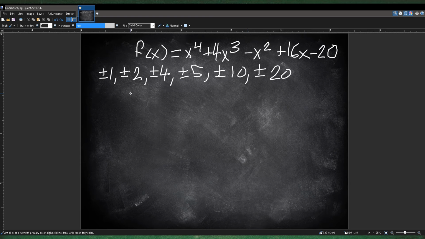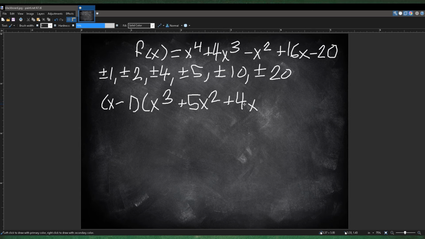So let's factor x minus 1 out of the equation. So x minus 1 goes into x to the 4 as x cubed, so that's minus x cubed. So you have to add a 5 x cubed, and that's minus x cubed, so that's 4x cubed. That's minus 5x squared. So we need to add a 4x squared, plus 4x.